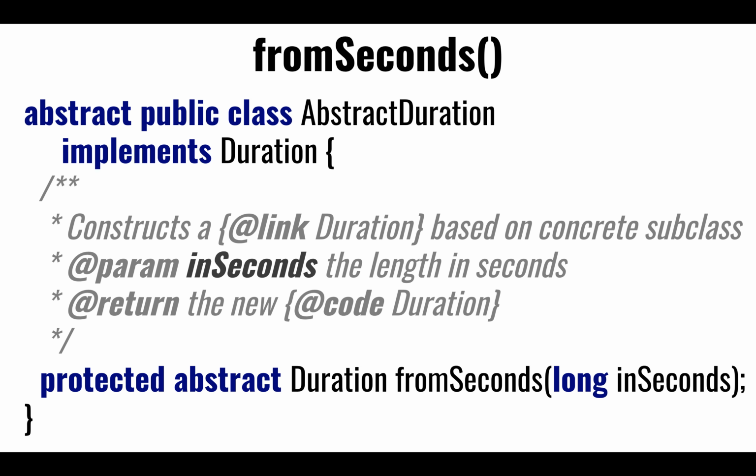Notice that we have the abstract duration, and notice that our fromSeconds is abstract. We're not implementing it here. It doesn't have an implementation, and notice that it's protected. We're saying that only my children, my duration impl and my compact duration, will have access to this particular method, reducing the accessibility to only the parent-child relationship.